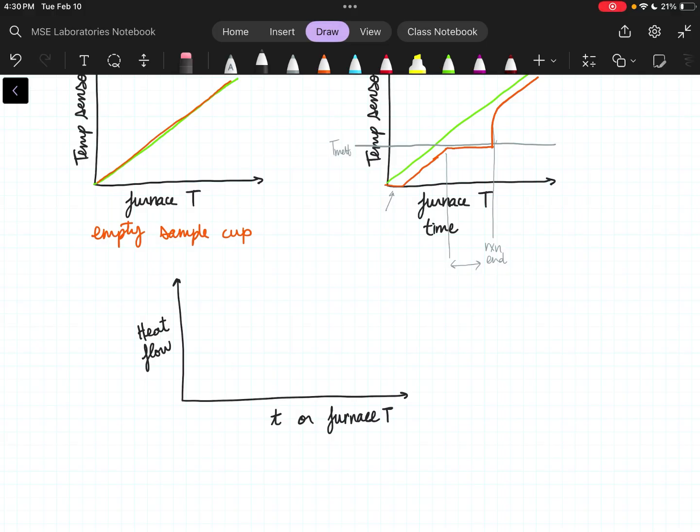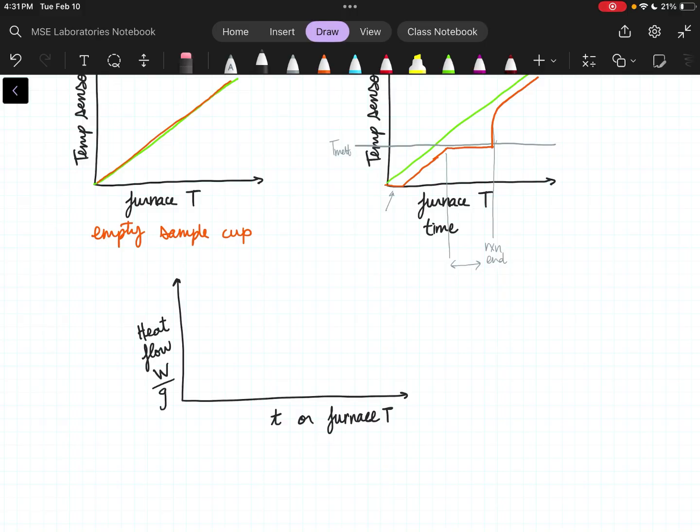The unit for heat flow is going to be watts, typically, which is a unit of power. And power and energy and heat are all closely related with just some fairly straightforward conversions. So we're not that far from where we wanted to be.